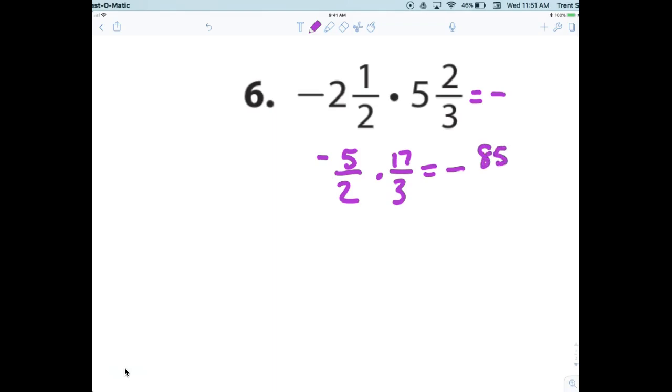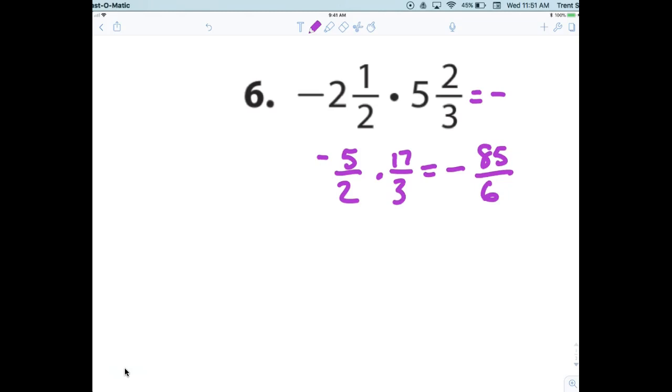All right, so if you're multiplying 5 times 17, I don't want it off to the side. I want you to say, hey, 5 times 10 is 50, 5 times 7 is 35, add them together is 85. And now, what's 2 times 3? 6. Now listen, as you get to advanced math, we leave things as improper fractions.